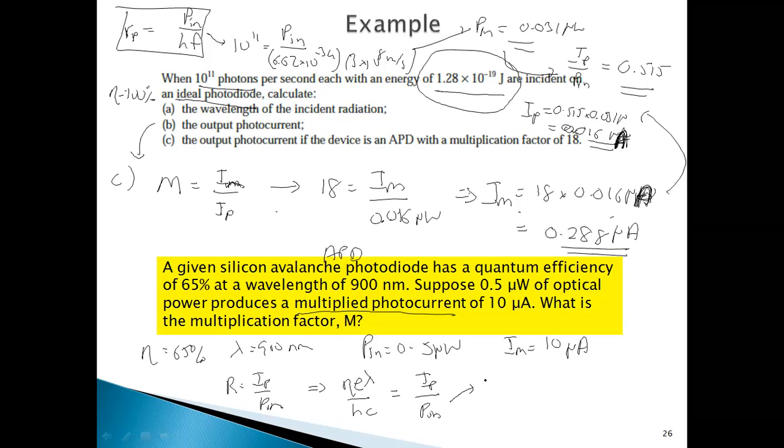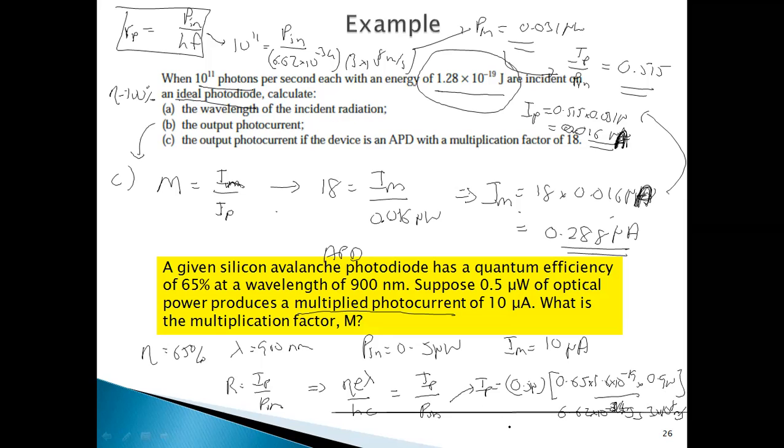So from this, IP shall be equal to P in, which is 0.5 microwatt, multiplied by eta, 0.65, the quantum efficiency, multiplied by the charge e, which is 1.6 times 10 to the negative 19, the lambda, which is 900 nanometer or 0.9 micrometer, divided by h, which is 6.62 times 10 to the negative 34 joule second, and c is 3 times 10 to the 8 meter per second.